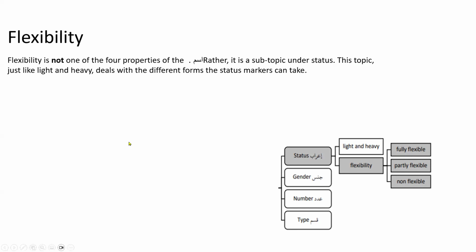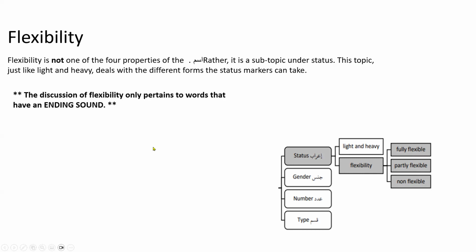Fully flexible means just like they are heavy, meaning they could be light, okay? But by default, they are flexible, meaning they have three different forms: U sound, A sound, and E sound. Okay? And when I talk about flexibility, you don't have to worry about dual and the plural column. Flexibility only works on the singular column, so only the sound column.